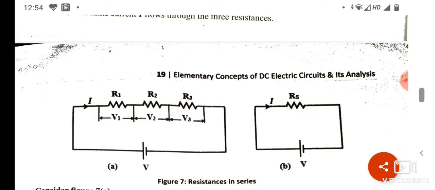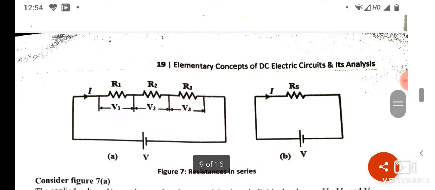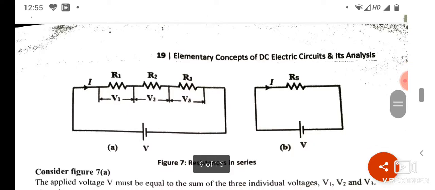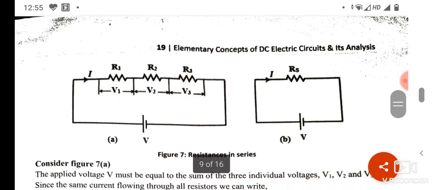So R1, R2, R3 are connected in series to a voltage V. Due to the voltage, there will be a voltage drop across R1 which is termed V1, R2 which is termed V2, R3 which is termed V3. That means current will be the same in R1, R2, R3, but the voltage will be different depending upon the resistance R1, R2, R3.